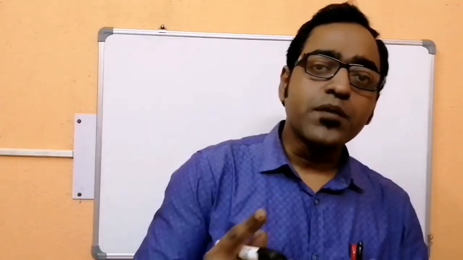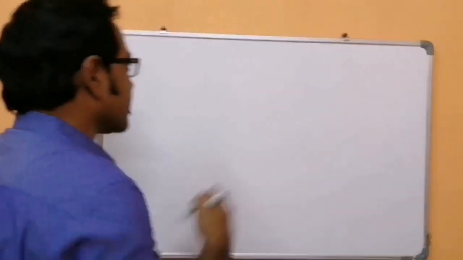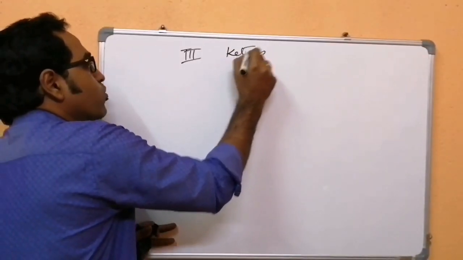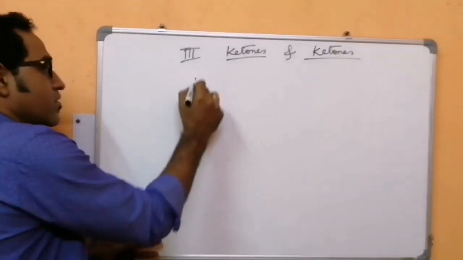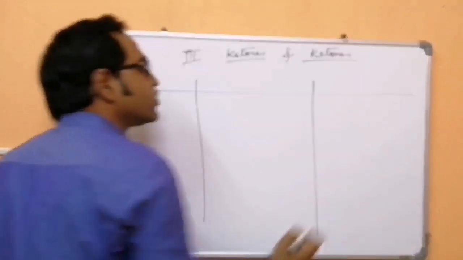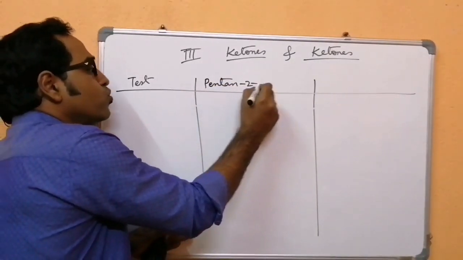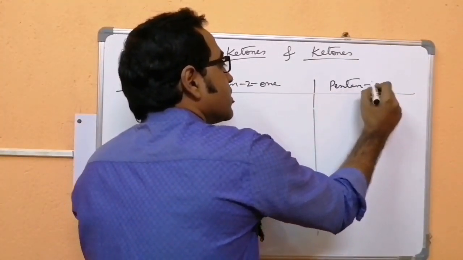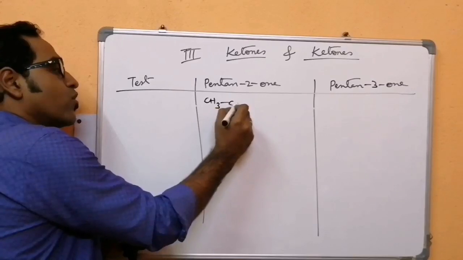The third type which I am going to discuss is distinguishing between two ketones. So it is the third type, ketones and ketones. For example, if you have to distinguish between, say, pentan-2-one and pentan-3-one, then how are you going to distinguish? Now draw the structure.